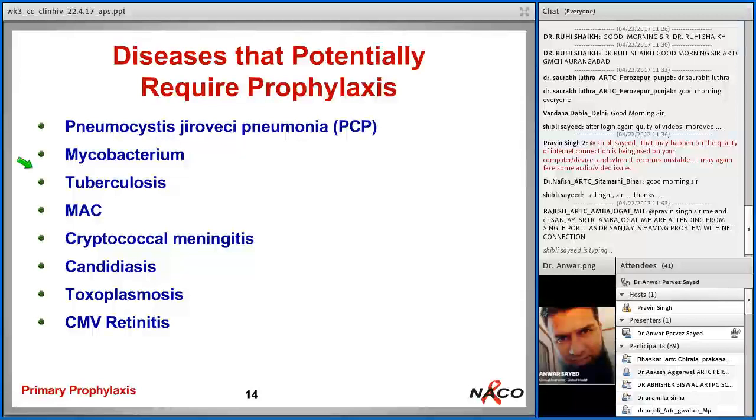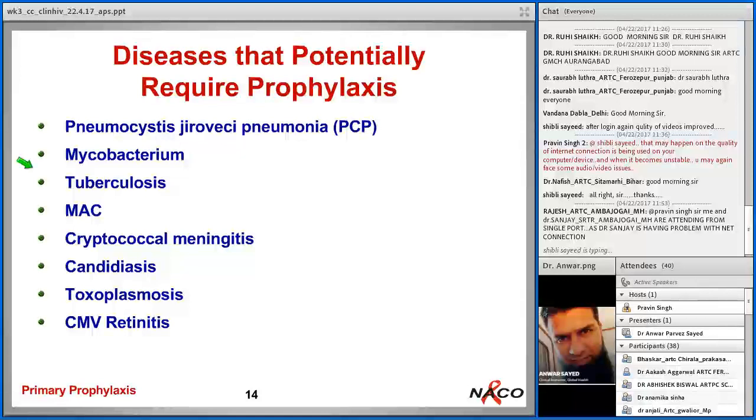Of course, see the point which I mentioned already, that it depends on prevalence of disease in that region. If the prevalence is more, there will be a national guideline for chemoprophylaxis. But if it is not there universally everywhere, it cannot be similarly applied.